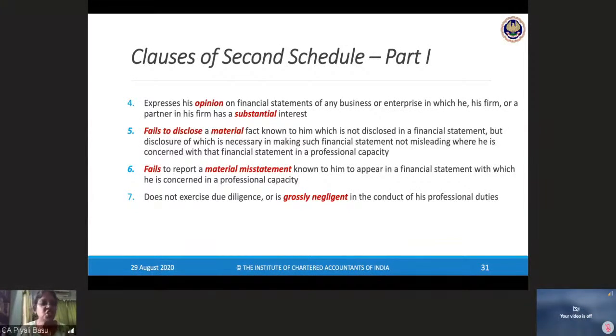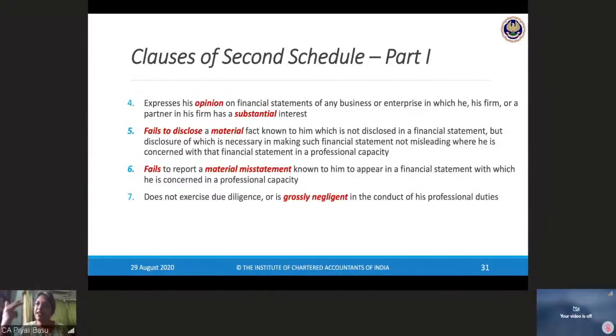So, under-provision of depreciation. Where will it come? Is it a material misstatement, or a fact which could be material? If not disclosed, it is misleading. It is a material misstatement, because the balance sheet and the profit and loss account are wrong.